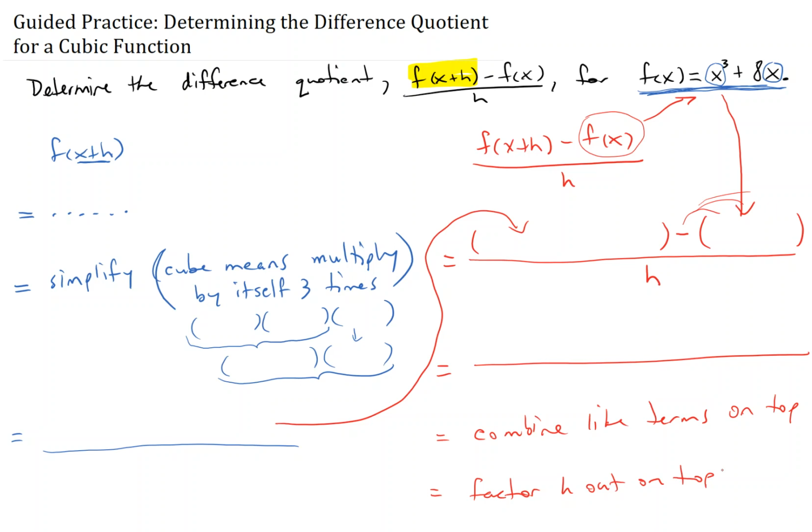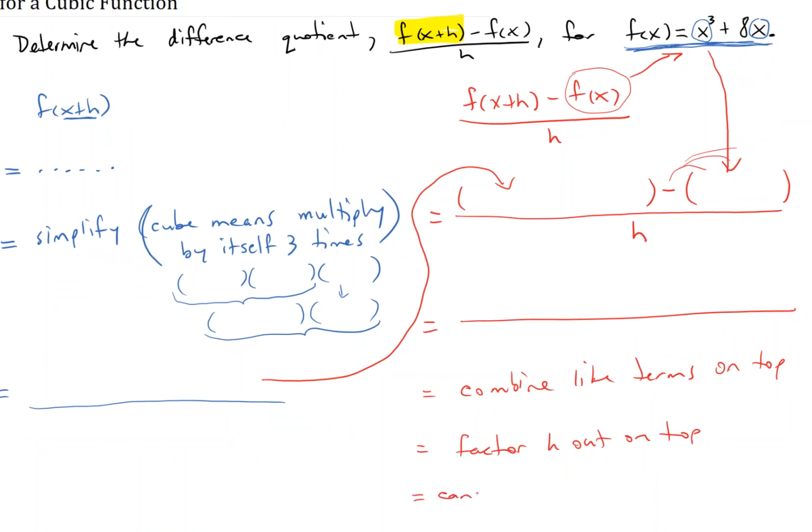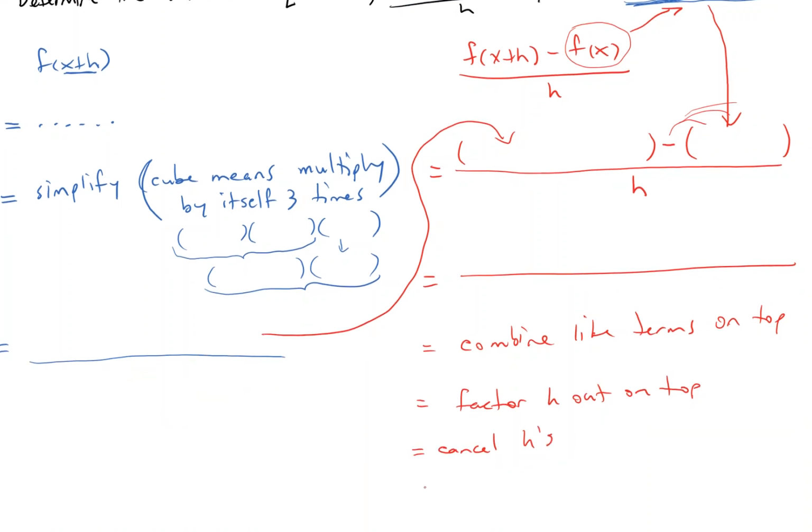Pause as you need here to work through these steps. After you factor h out on top, you're going to cancel the h's, the h on top with the h on the bottom, and then you're going to write your final answer. Okay? So pause the video, work through these steps, and come back and check your answer, which should be 3x squared plus 3hx plus h squared plus 8.